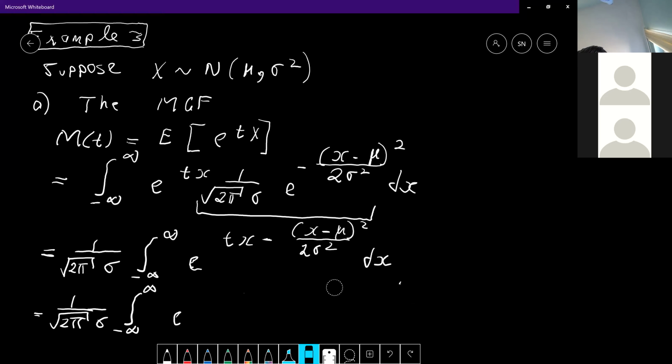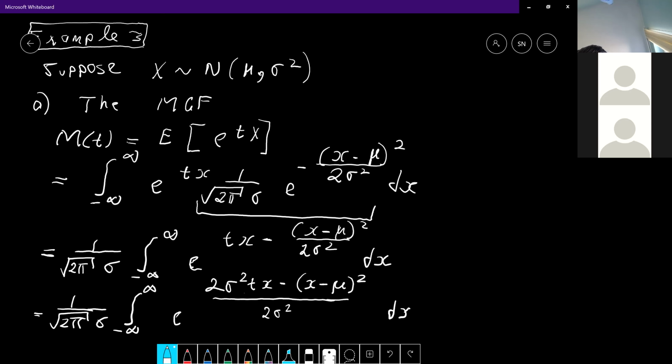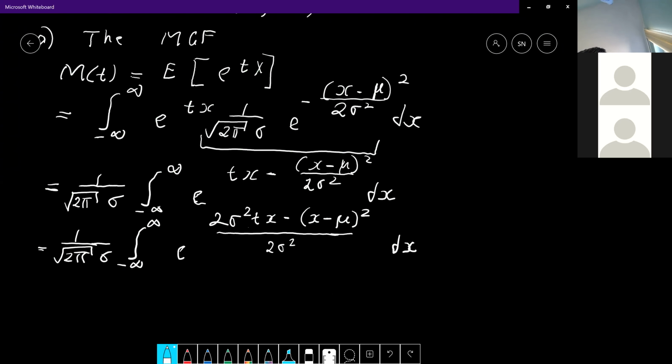Okay, excuse me, guys. What I meant to say is, let's take a common factor of 2 sigma squared in the denominator. If you take this common factor, then in the numerator you will have this, 2 sigma squared tx minus... okay, this is what you get.